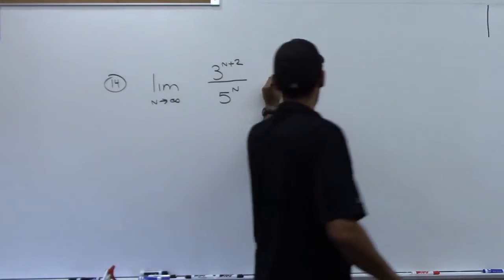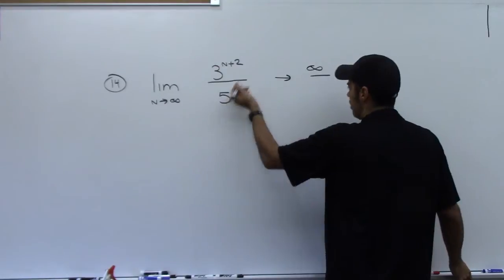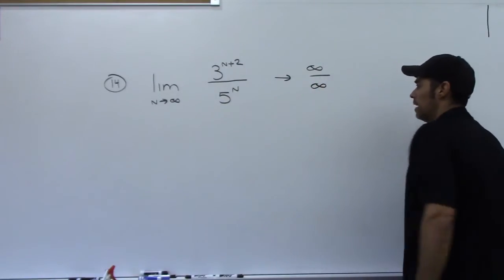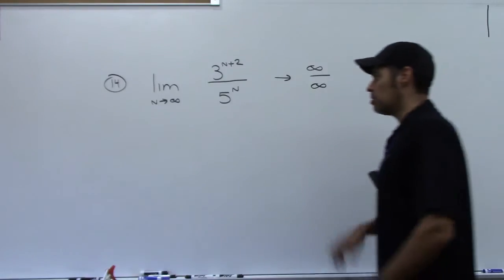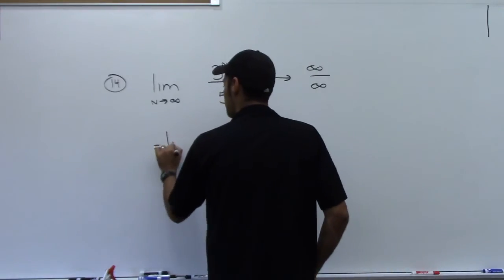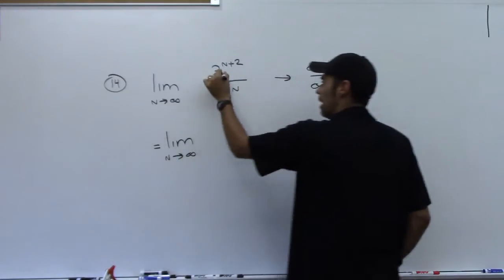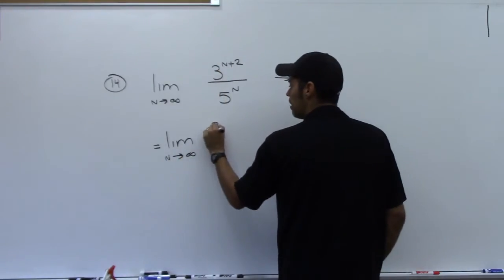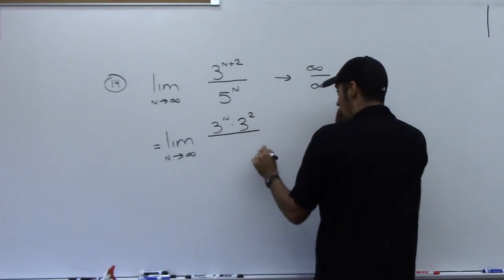So this is going to head towards infinity over, and then 5 to a huge number becomes huge. This is infinity over infinity. So you're thinking L'Hopital's rule because that's what we've been doing. We actually don't need it here, and I'll show you why. Because both the 3 and the 5 are raised to the n power, I can rewrite the top like this. We did this earlier when we were trying to find the formulas.